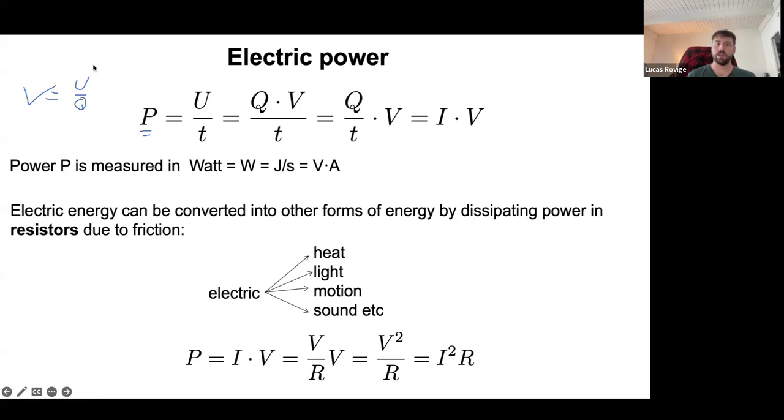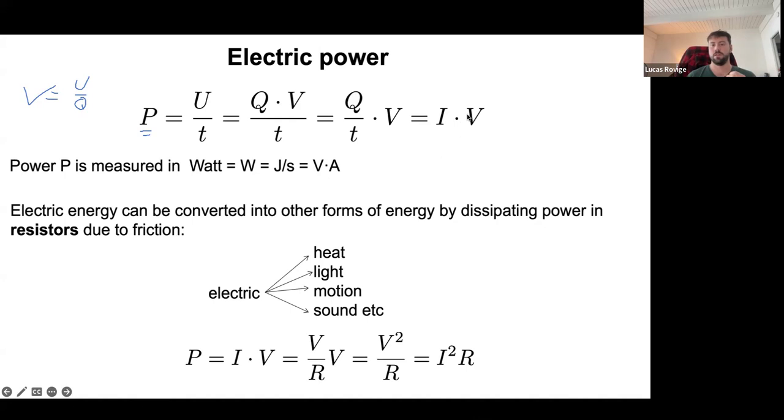And so we can write the potential energy in our system as the potential multiplied by the charge. That gives us Q multiplied by the potential divided by time. If we just isolate Q divided by the time, that gives us the electric current, if we're considering a steady state where the current is constant.